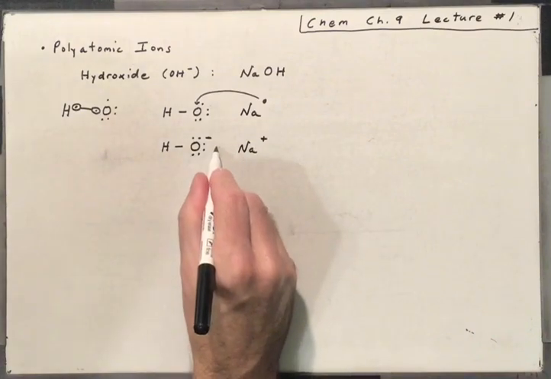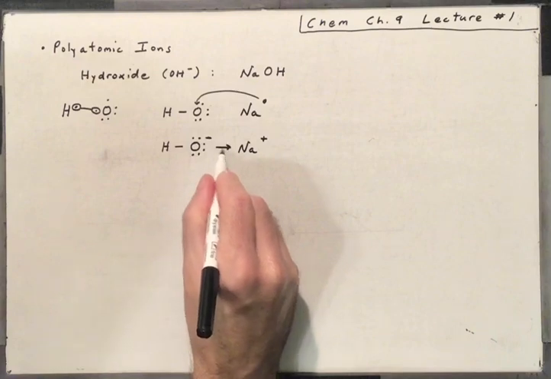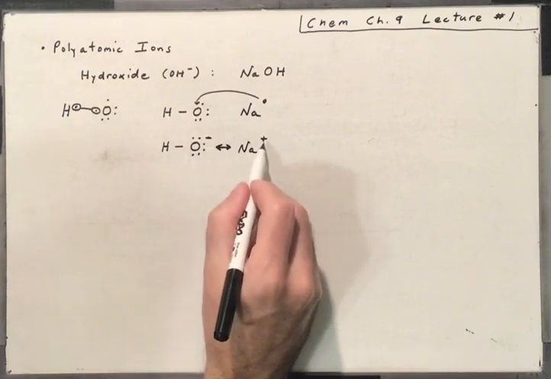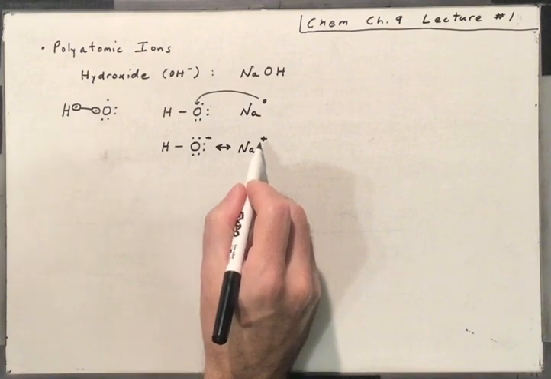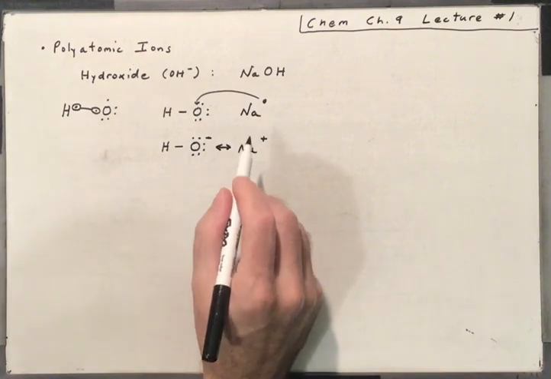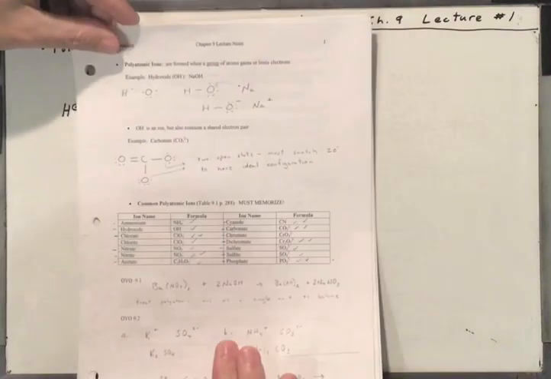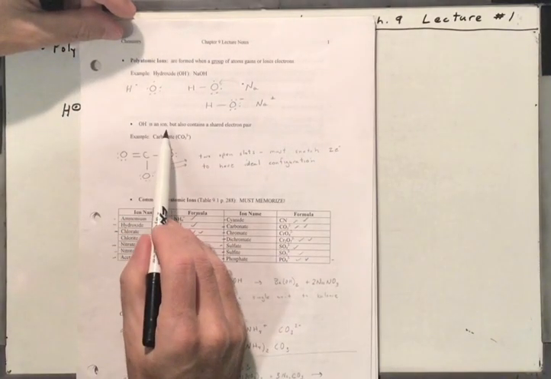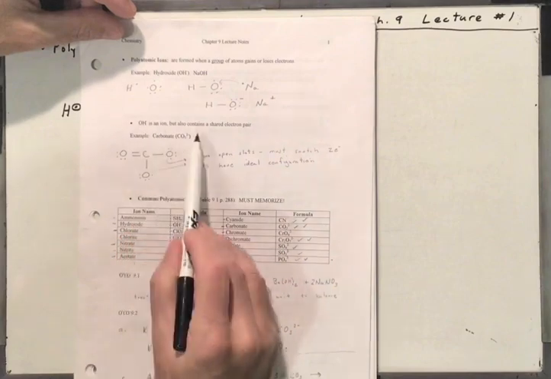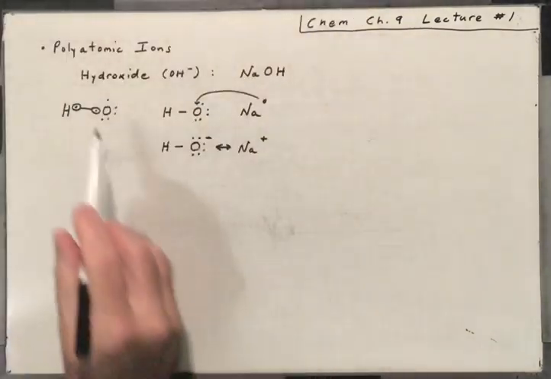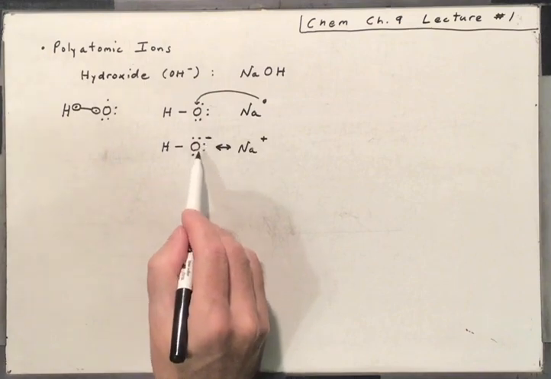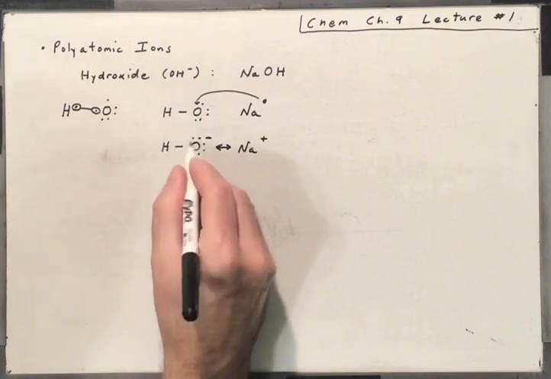And so an ionic compound will form because those two will be attracted to each other through opposite electrical charges. So the interesting part about polyatomic ions, hydroxide is an ion because it has a negative charge, but it also contains a shared electron pair. It has an electric charge like an ion does, but also has a covalent bond.